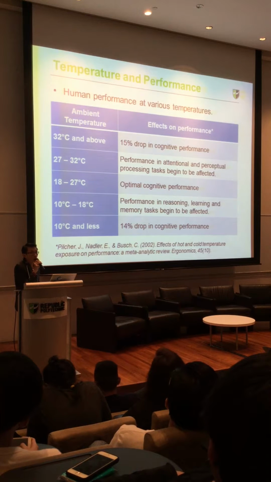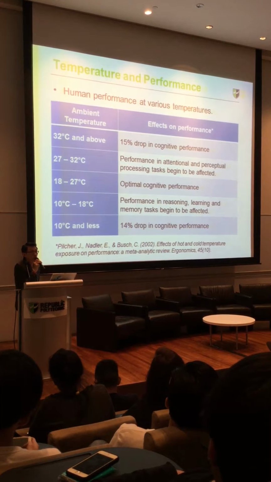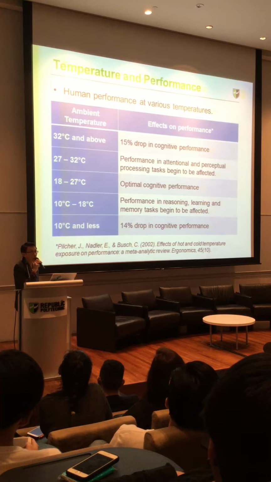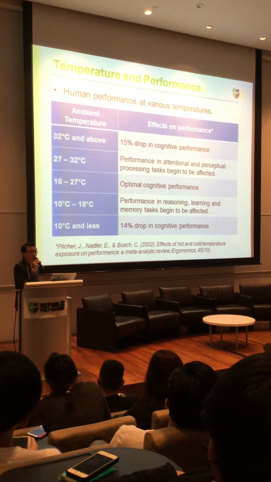Why do we set the temperature between 18 to 27 degrees in classrooms and the lecture theatre? Because technically that's the best way, the only way you think well. So when you're having your exam in the Agora Hall, you won't get temperatures below 10 degrees Celsius or above 32 degrees Celsius.